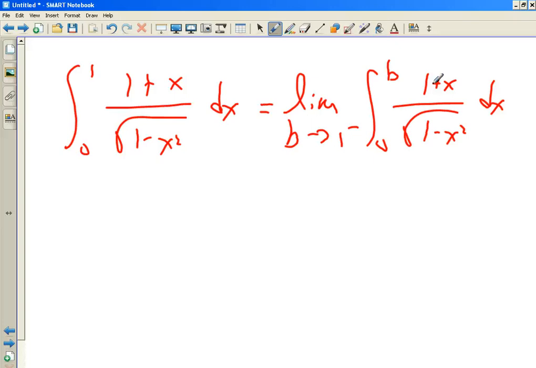You could break this up as 2 fractions already without doing partial fractions. Do you see it? It's like 2 integrals. Couldn't you rewrite that fraction as a sum of 2 fractions with the same denominator? What's nice about this is you end up with stuff you know how to integrate. So let's write that.